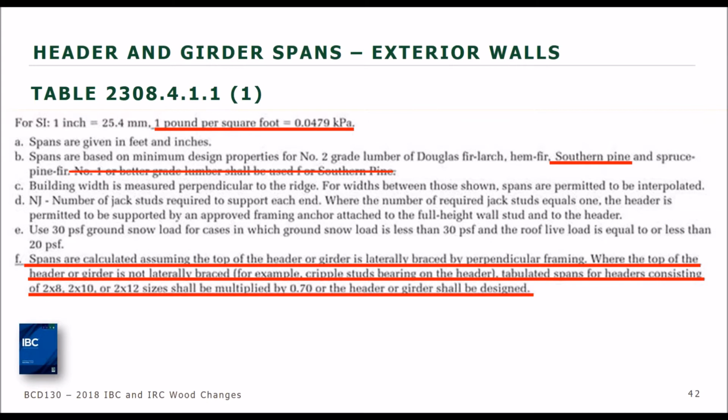So this may shorten spans if you have dropped headers, for example, where you have cripple studs above that are not providing that lateral bracing. The spans located in the table will need to be reduced. It says for 2x8, 2x10 and 2x12, they should be multiplied by 0.7 for the girder and header sizes. So there's a 30% reduction if the actual header is dropped.